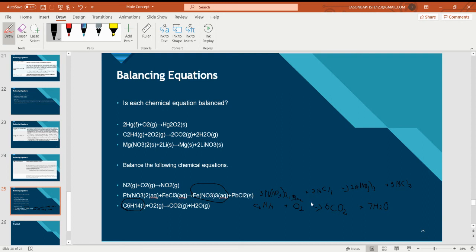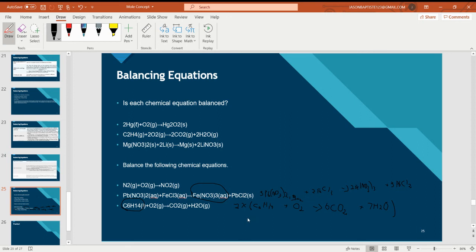But we can't have a fraction, so we have to multiply the entire equation by 2 to balance it off, as I said earlier. Because we can't have fractions, we have to get whole numbers. So multiply the entire equation by 2.